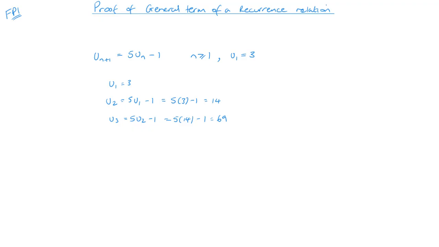And what we're going to do now is use mathematical induction to prove this recurrence relation. If we're given the nth term of the sequence, obviously this is a bit of a weird sequence, we can then prove that that is the general term.